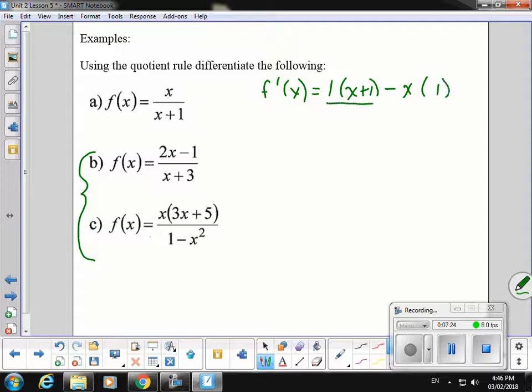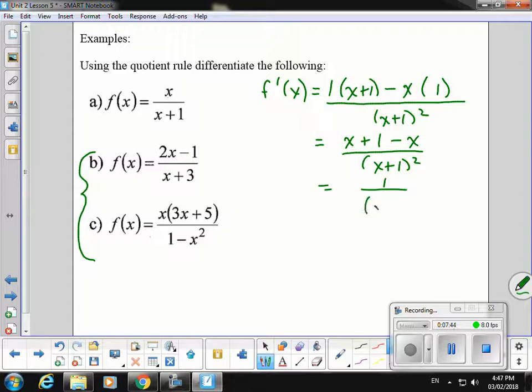I tend to write those even if they're redundant, so it shows that I thought about it. All over the bottom squared. A tidy up would be great. I would have x plus 1 subtract x over x plus 1 squared. 1 over x plus 1 squared. Try the other two at your tables tomorrow.